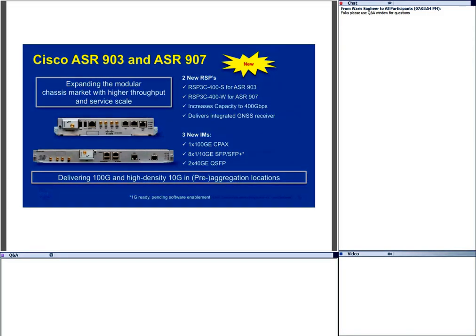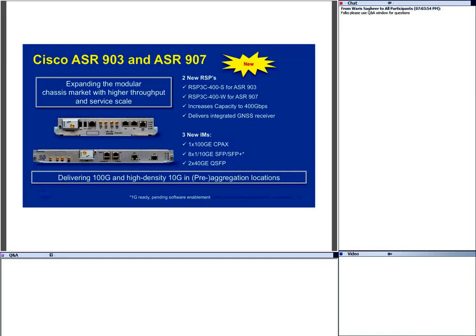Okay, so what did we introduce with the 907? I talked about RSP3 and I talked about the IM, so let me reiterate those. The RSP3C400S is the small form factor RSP3 for ASR903. The last letter S should give you that idea.